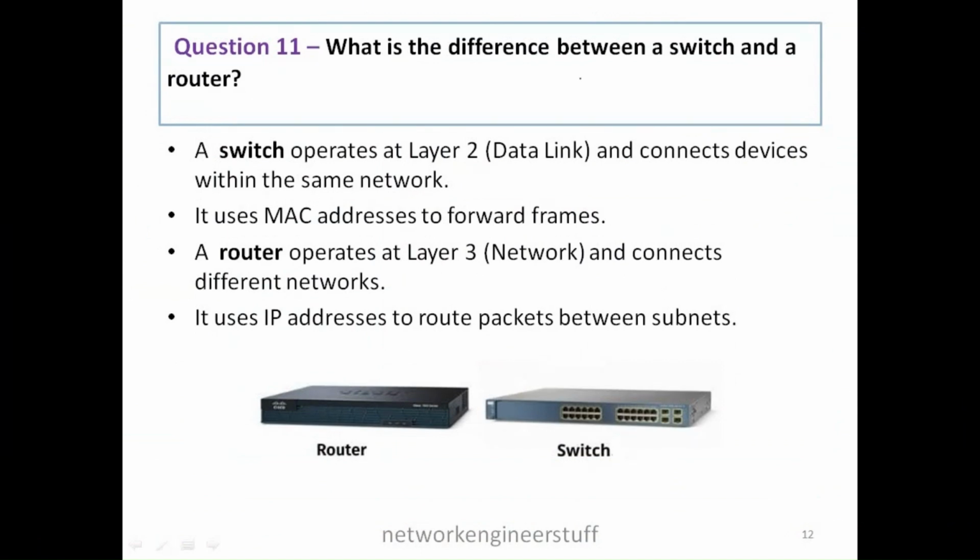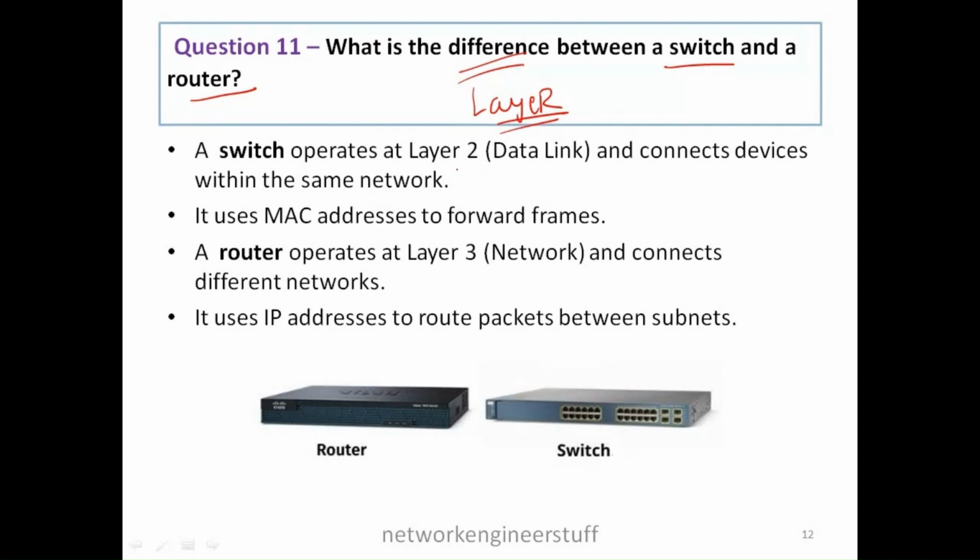So the question number 11 is, what is the difference between a switch and a router? So guys, this is a very basic question. A switch and a router both are networking devices. The major difference is the layer, that is the OSI layer on which they operate.